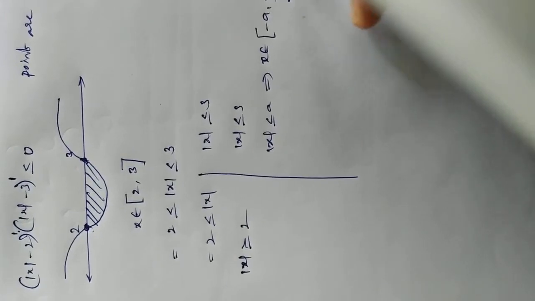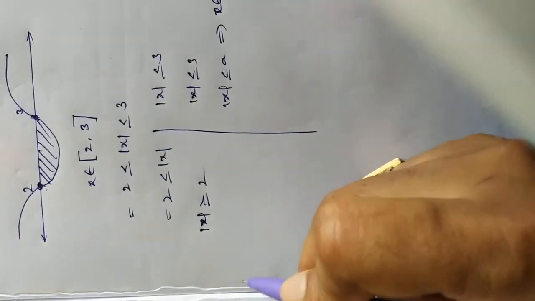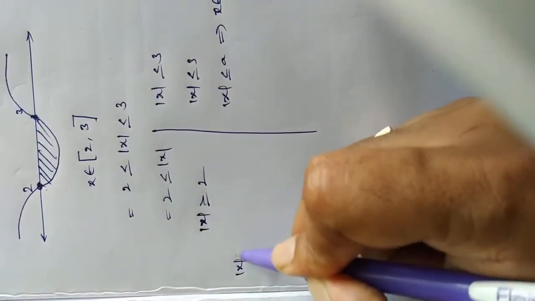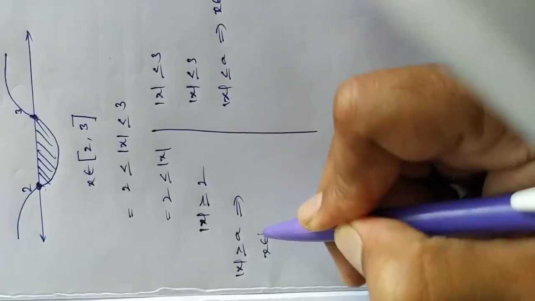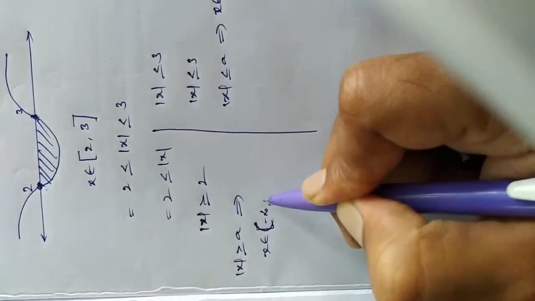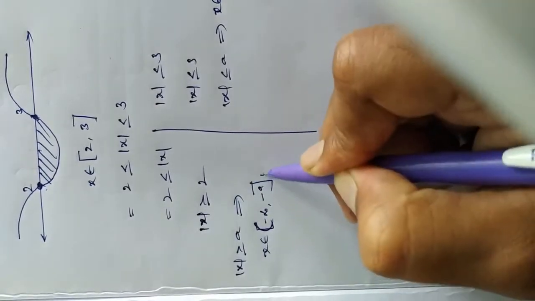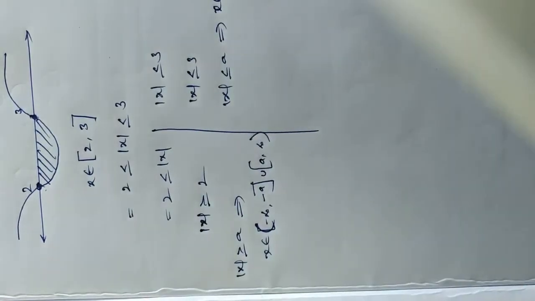This is take 1. From the second property, mod x greater than or equal to a means x belongs to minus infinity comma minus a closed union a comma plus infinity open.